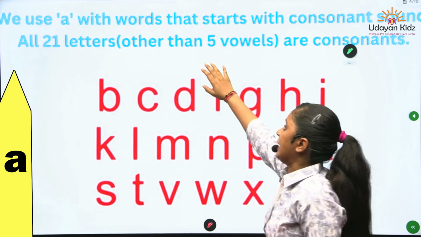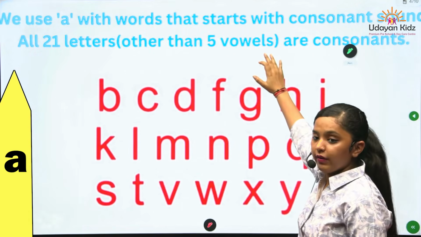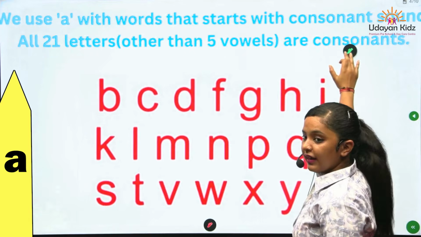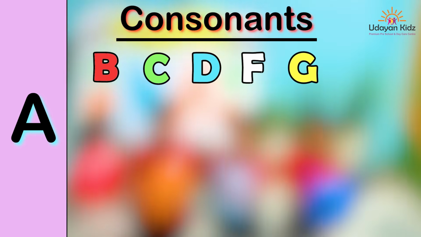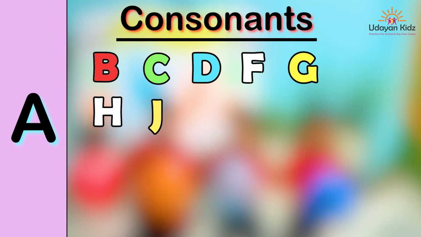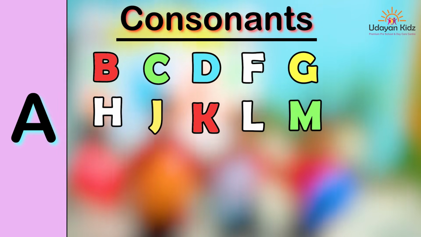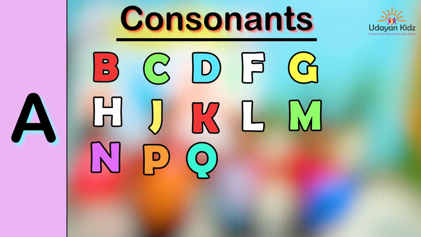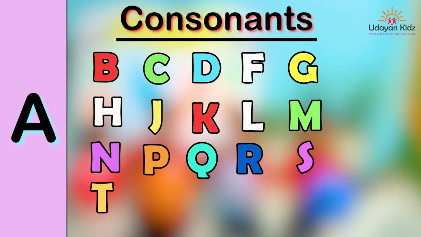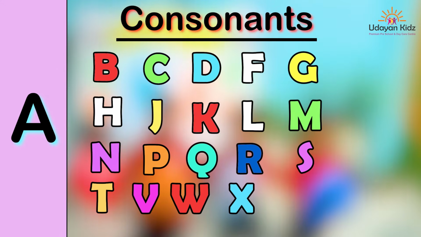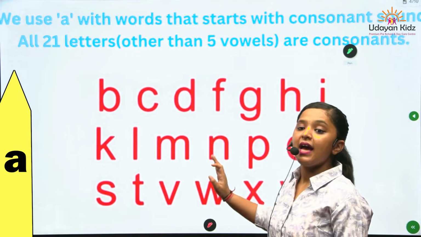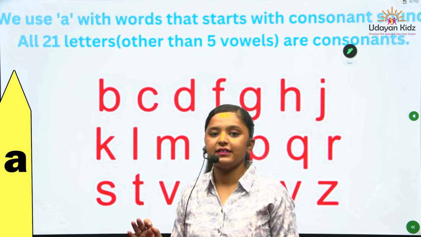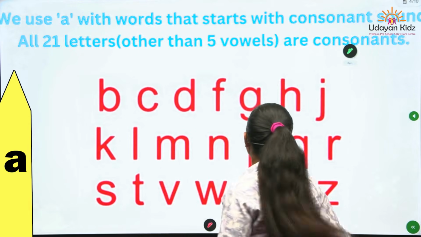All 21 letters other than the 5 vowels are consonants: B, C, D, F, G, H, J, K, L, M, N, P, Q, R, S, T, V, W, X, Y, and Z. All these are consonants. So we use A with words that start with a consonant sound.